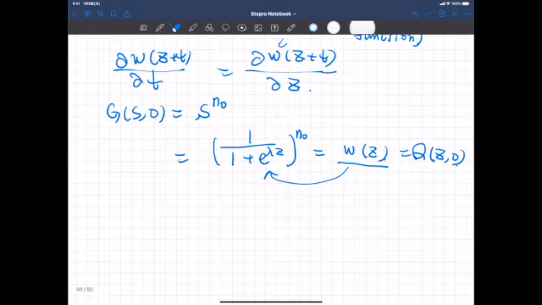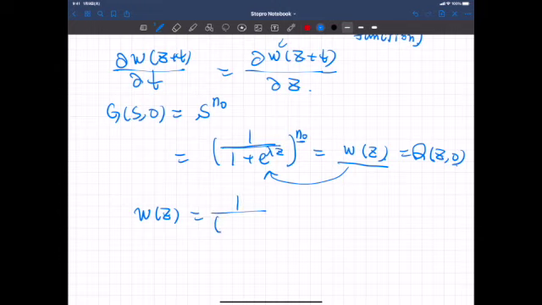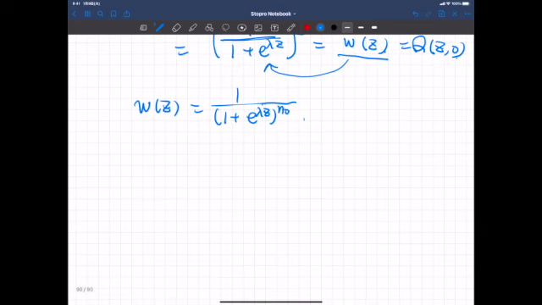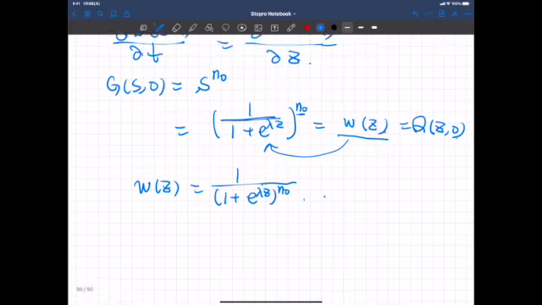Okay, so let's write it. W of z should be equal to, inside this parenthesis is just 1 over something, so that's 1 over 1 plus e lambda z, to the power of n0. Okay, so w is this function, determined from the initial condition.